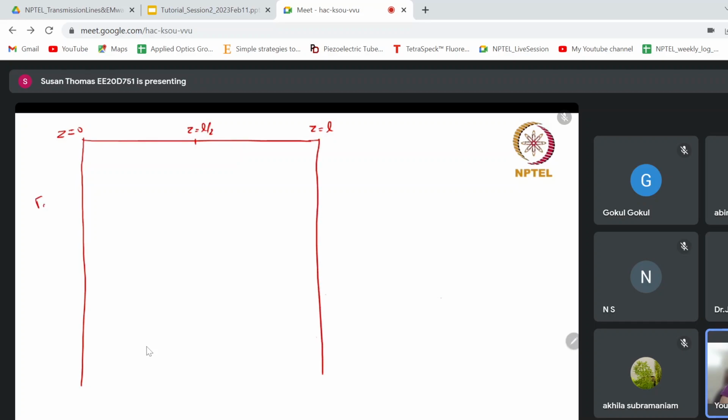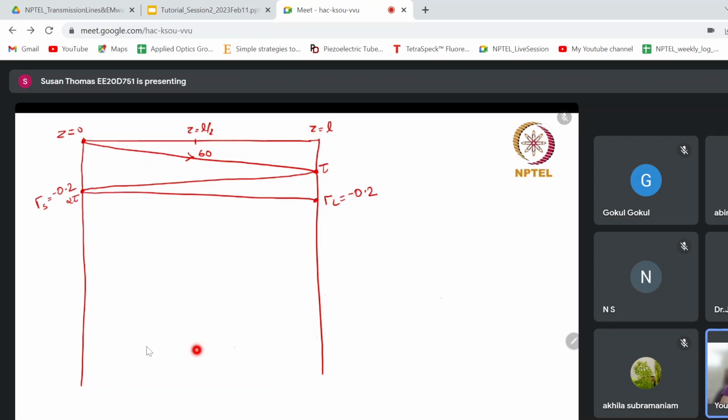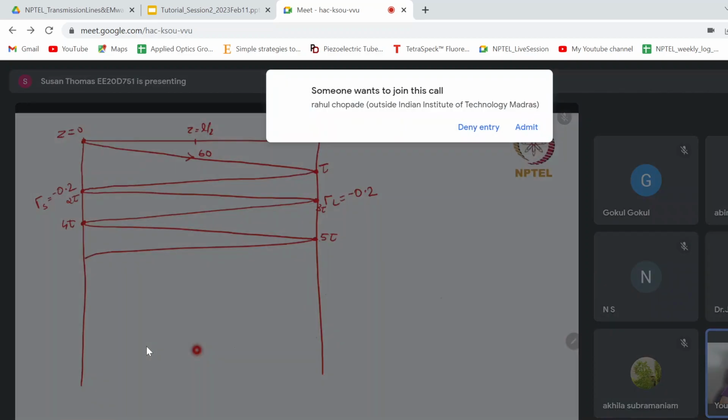And this is gamma S equal to minus 0.2 and gamma L equal to minus 0.2. And here we have 60 volt, which is going to come here at tau and again reflect back, come here at 2 tau, then again go back here at 3 tau, 4 tau, 5 tau, 6 tau, and so on.